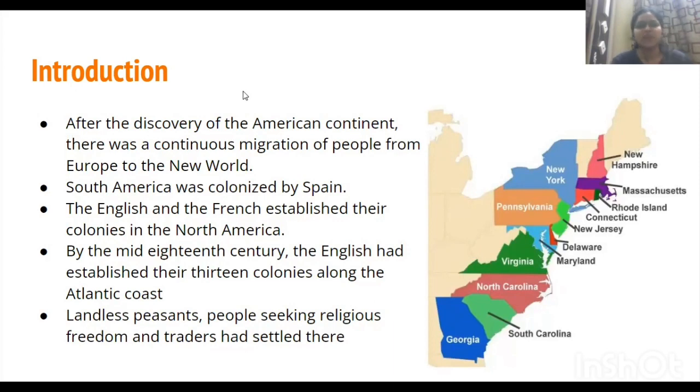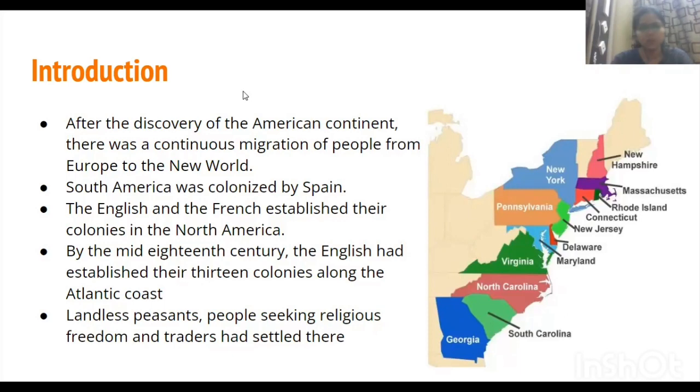As soon as America was discovered, Europeans started colonizing it. So Spanish people came, English came, French came, and everyone started establishing their colonies in this newly discovered continent. Now we are mainly discussing the British colonies. Britain had established its 13 colonies on the east coast of America, that is the Atlantic coast.